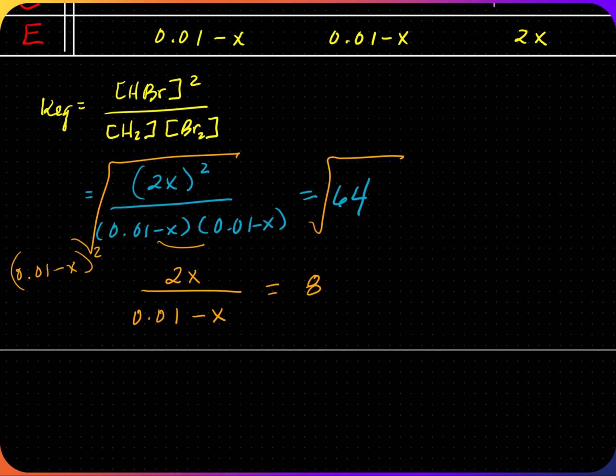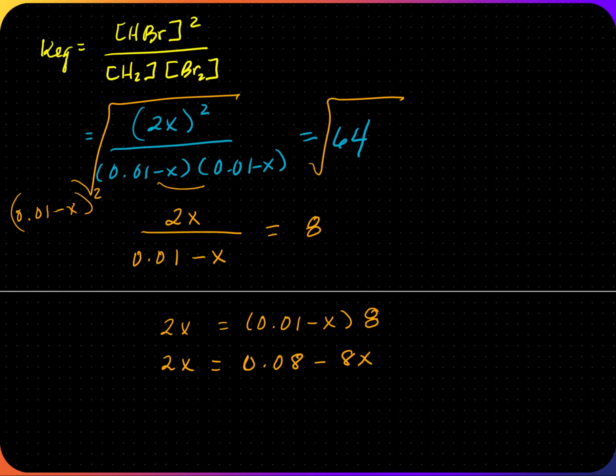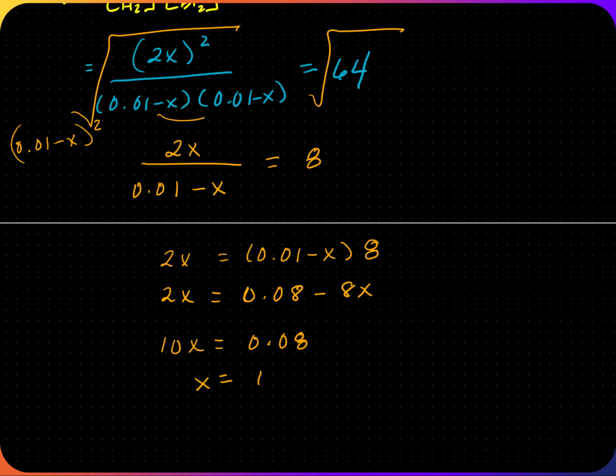So now I can cross multiply, so this is going to be 2x is equal to 0.01 minus x times 8. Distribute, so 2x is equal to 0.08 minus 8x. I'm going to put all the x's to one side, so that's going to be 10x equal to 0.08, and so x equals 0.008.